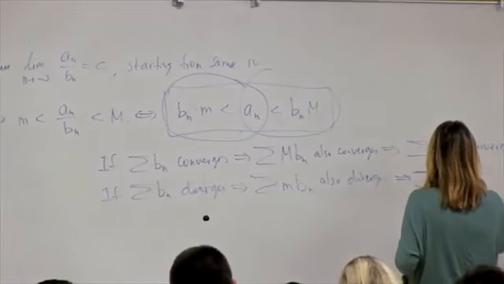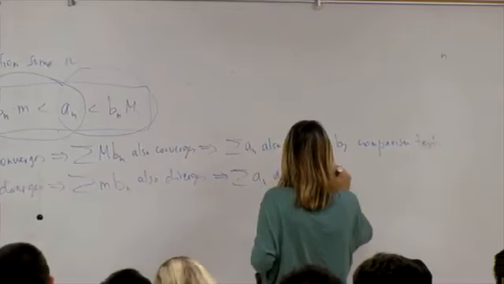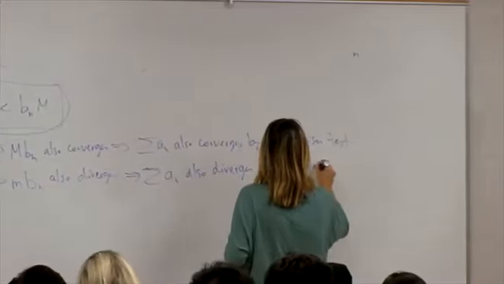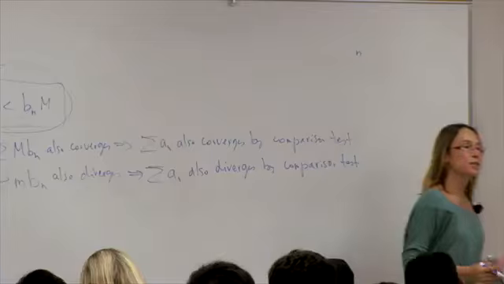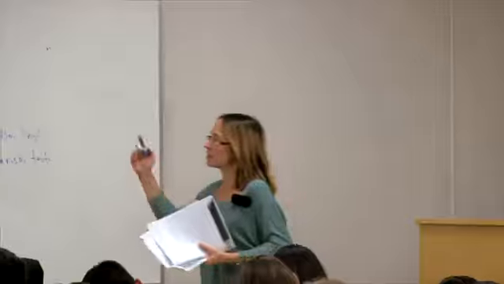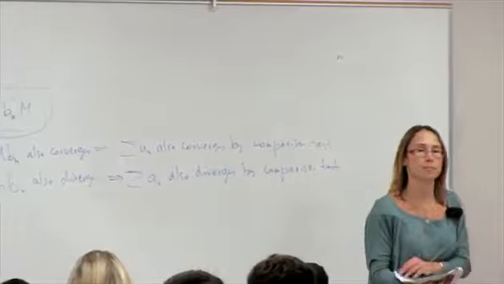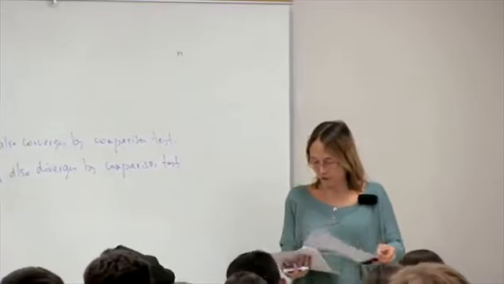So an also diverges by comparison test. So this limiting version of the comparison test can be reduced to the straightforward comparison test. Okay? It amounts to the same thing. Questions?